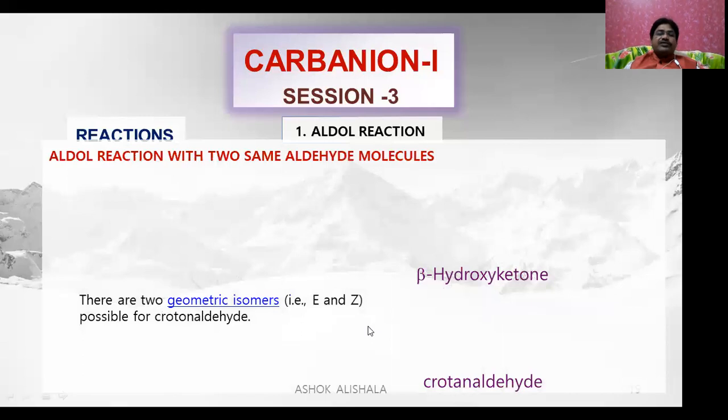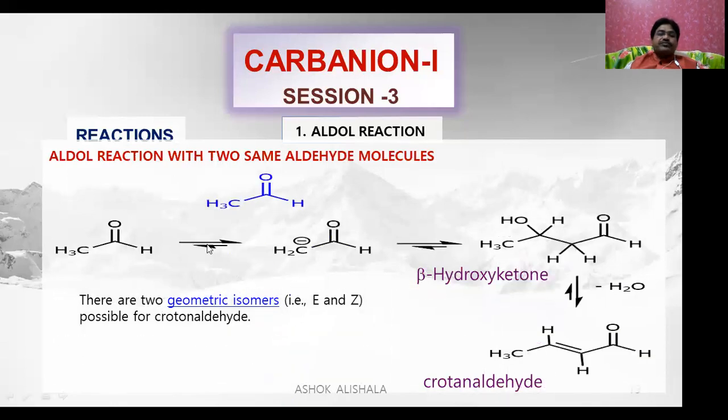You can see the reaction here, and the beta hydroxy aldehyde, after dehydration, gives crotonaldehyde. See, in this case there are two geometric isomers, E and Z, possible for crotonaldehyde.